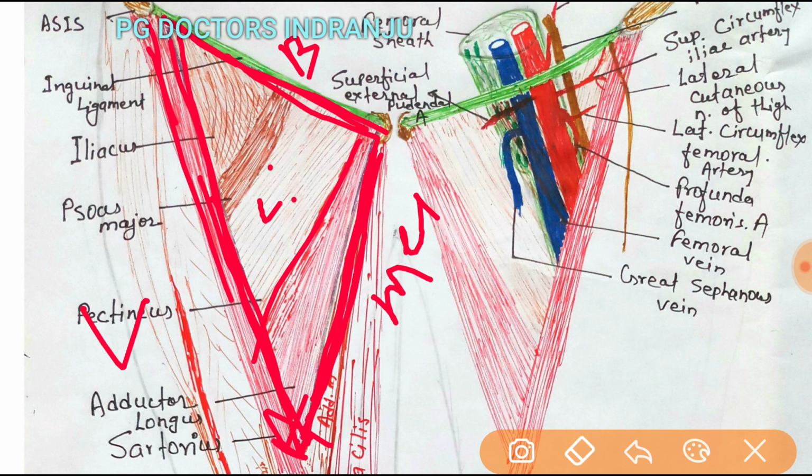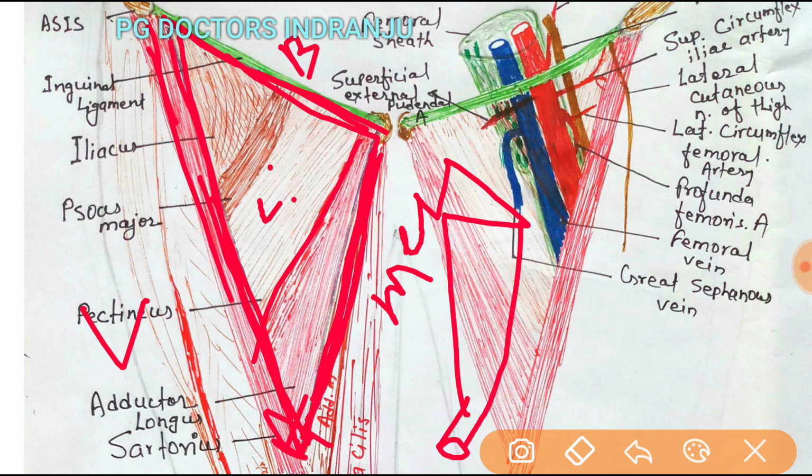The femoral triangle looks like a triangular structure. This goes downward to the medial side and opens at the hiatus of the adductor magnus, and this is called the adductor canal.